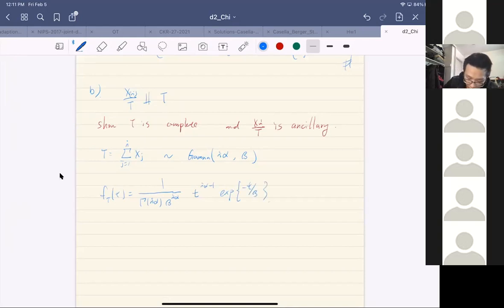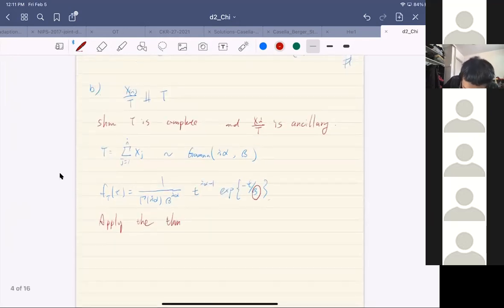The only unknown parameter is beta. So here we can apply the exponential family theory.